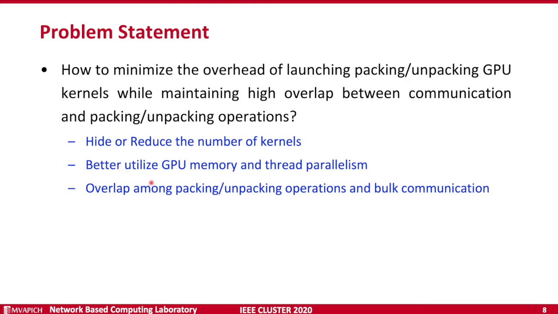Second, we're trying to better utilize the GPU memory and thread parallelism, so you can get more overlap between these packing and unpacking operations at least. Then if we do it right, we can still overlap some packing and unpacking operations with the bound communications, especially for large messages.